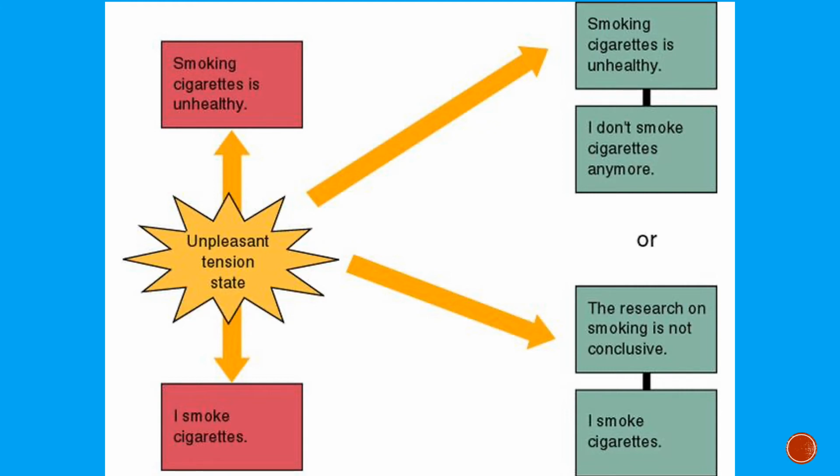And so if you think of this as a triangle, there's a positive relationship between the individual and smoking, a negative relationship between the individual and lung cancer because they don't want to get it. But then this positive connection between smoking and lung cancer creates a lack of balance. There's an inconsistency. So if I don't want to get lung cancer, why am I smoking?